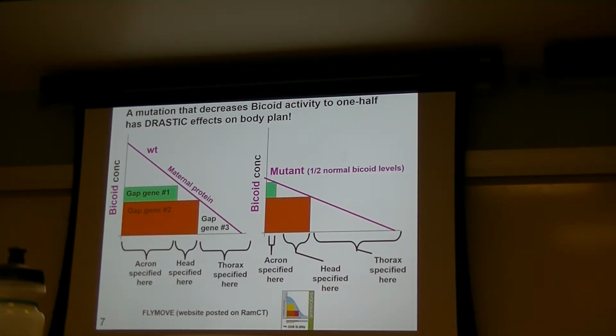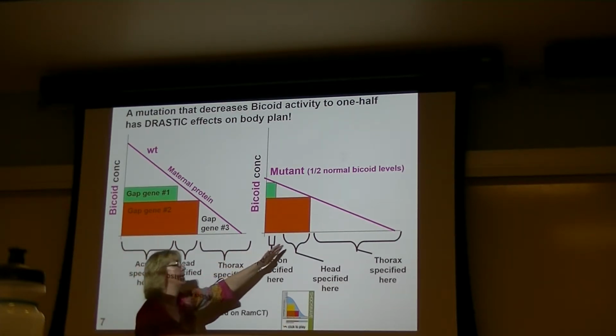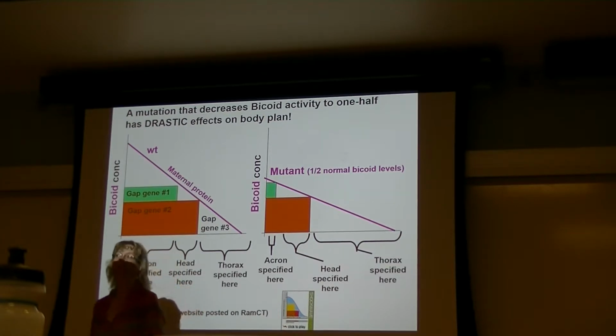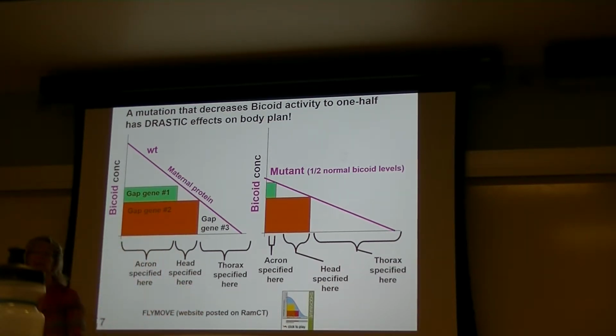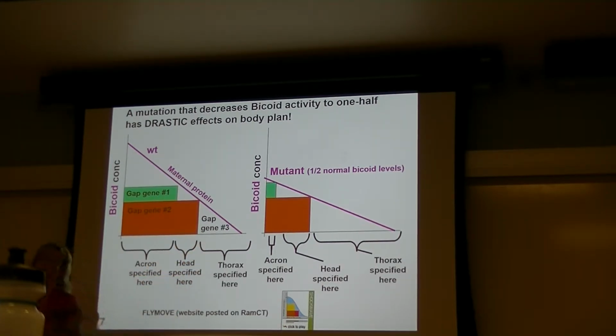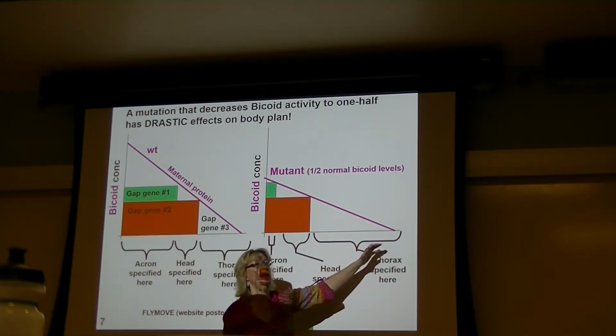Gap gene number 2, again, has its unique and unchanged response to bicoid, but now in this mutant scenario, there are fewer cells that meet that condition. So you get a smaller band of expression for gap gene number 2. On the other hand, gap gene number 3 prefers low bicoid, so it may actually have a broader region of expression.